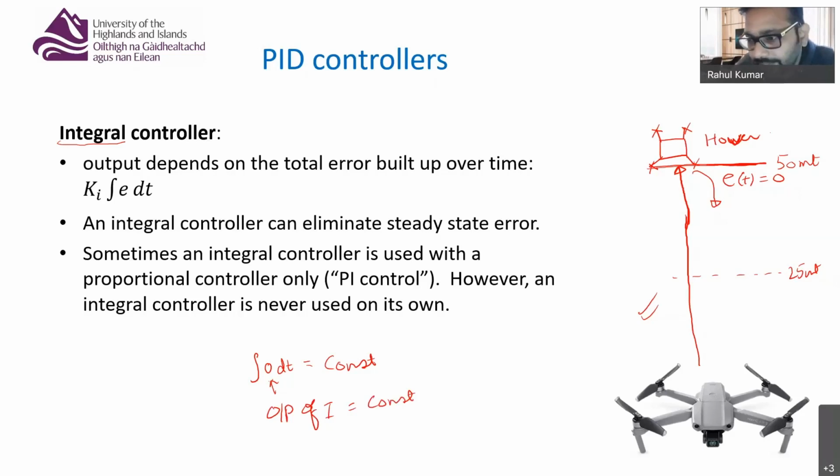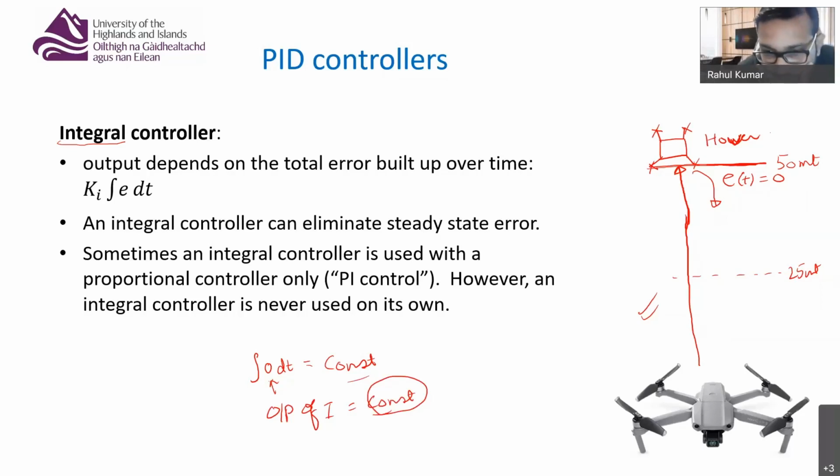Ki is already a constant and the integration of 0 is a constant. So altogether, the output of your integral controller will be a constant, right? That means the propeller will rotate at a constant speed and it will maintain that height. It will stay at 50 meters.